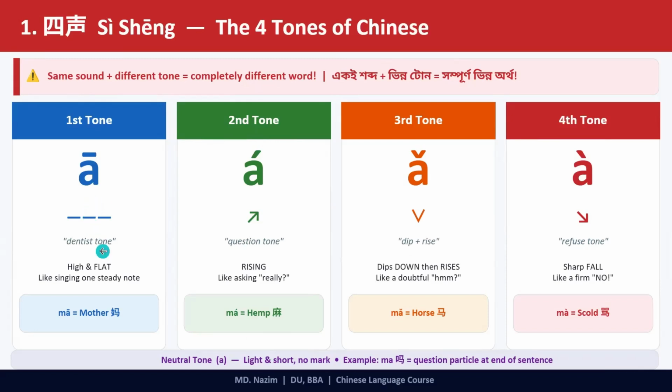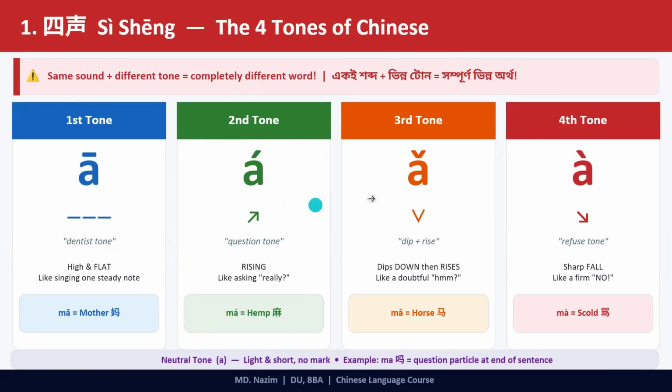Now the second tone is like a question tone, like really, mm? So it will be like that, ah, rising. Second tone, repeat after me.